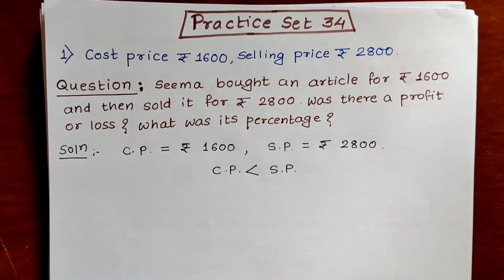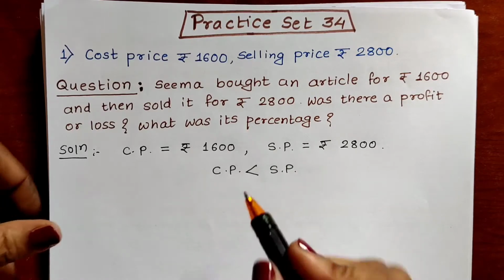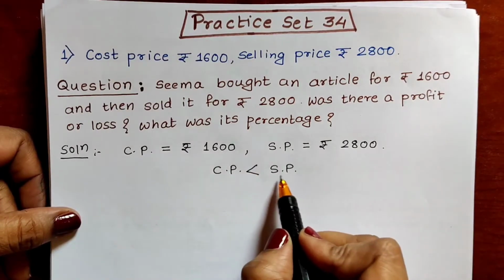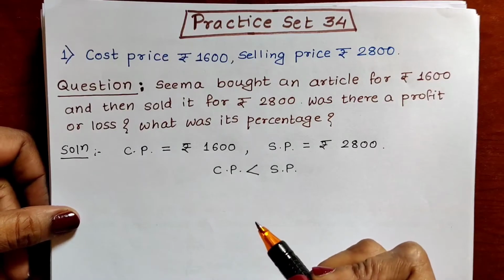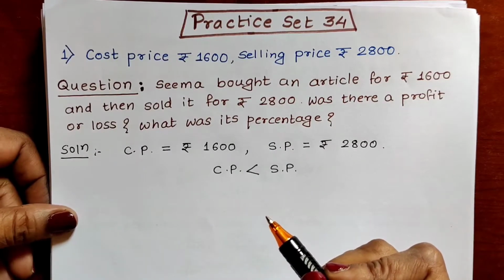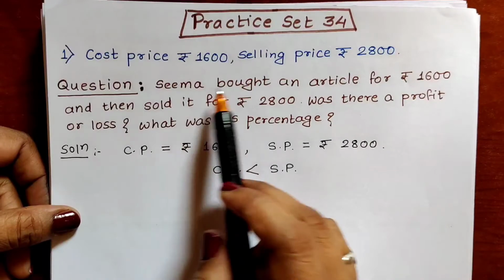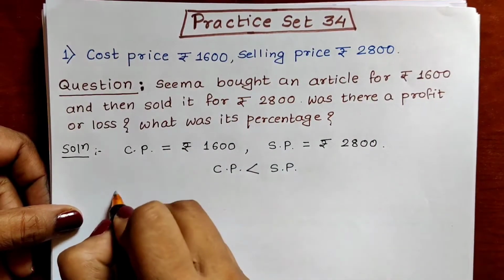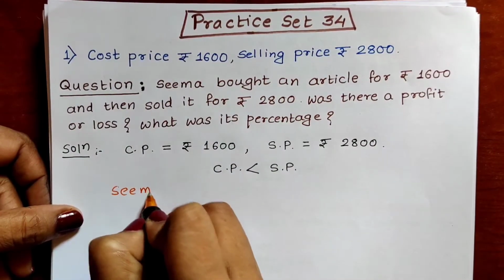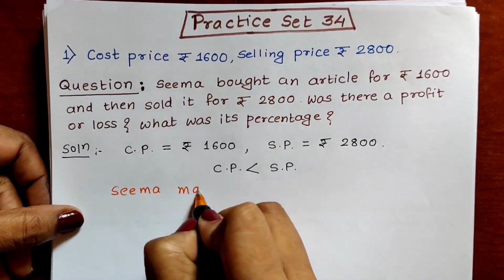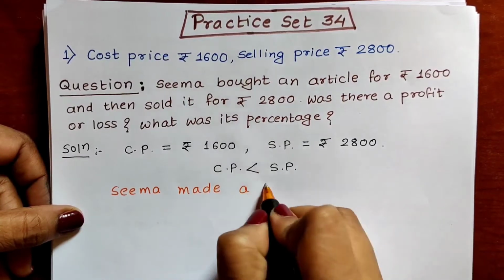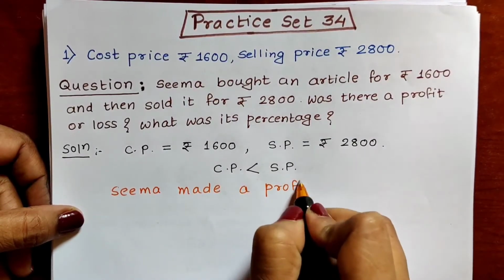Person gains a profit. Correct? When cost price is lesser than selling price, a person gains a profit or he makes a profit. Seema made a profit.